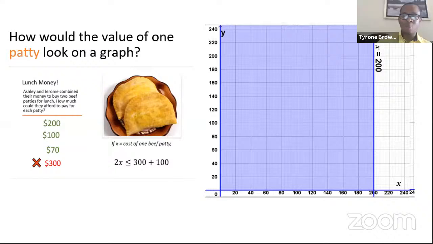And I'm also hoping that our students are noticing something special about this graph. I'll ask them to respond in the chat quickly. What special do you notice about this graph versus a normal graph that we would normally plot for a linear equation?